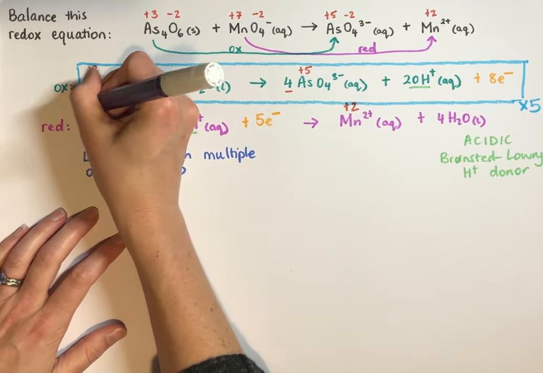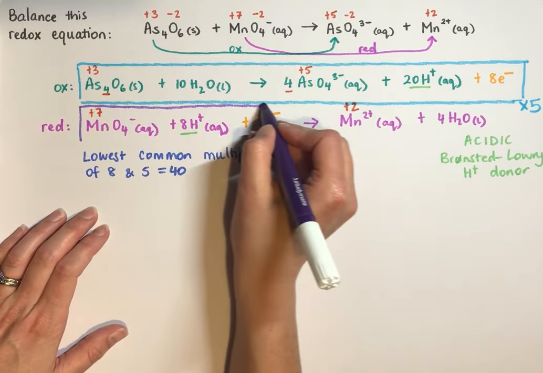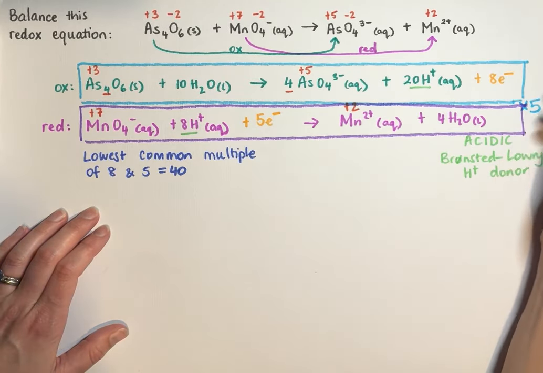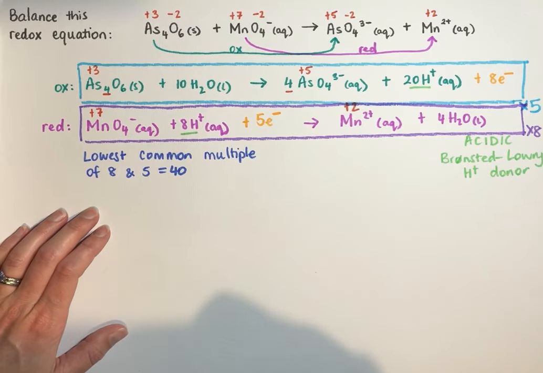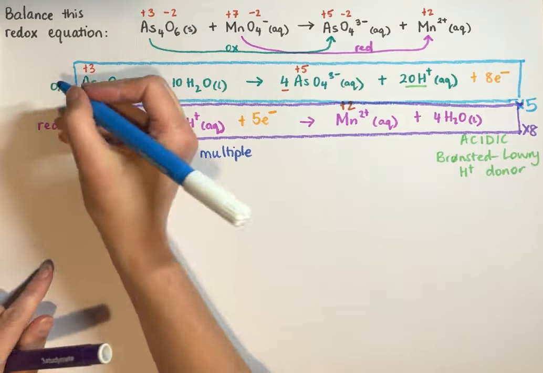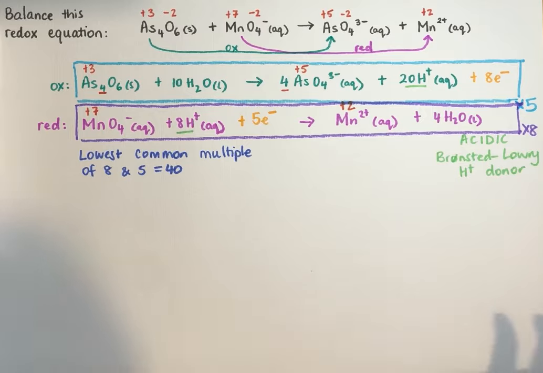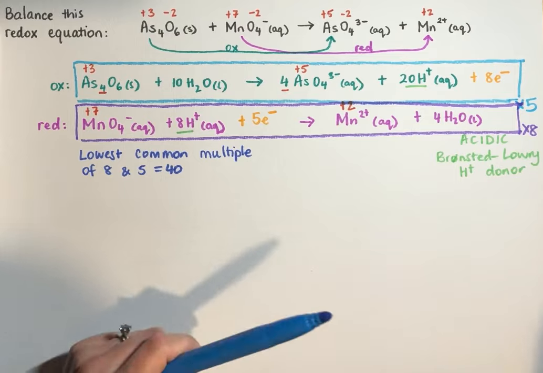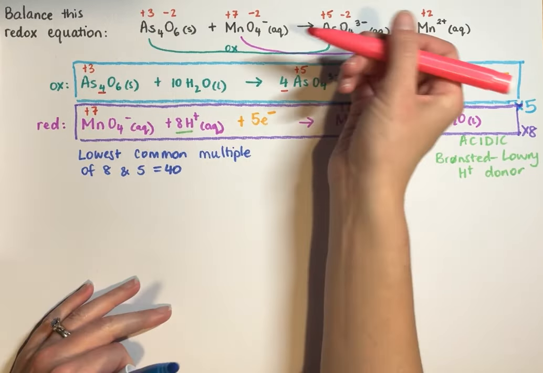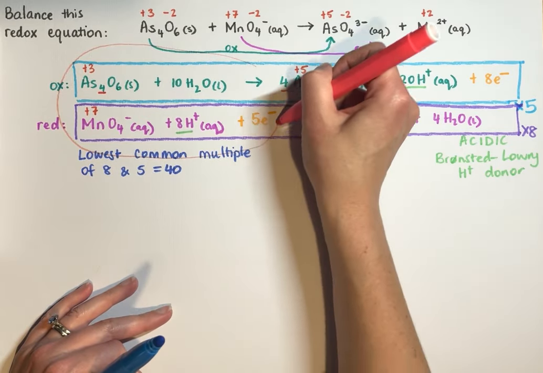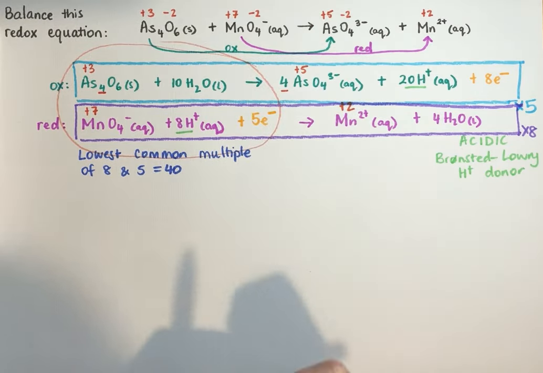And this one, our reduction, we will do multiplied by 8. Okay, so let's write them out. I hope that I end up with enough space for all of it at the end. Okay, so the oxidation part, in fact, what I will do is I will write the whole equation. I will just color code where it's come from. So let's take, here we go, all of the things that are on the left-hand side of both half equations.